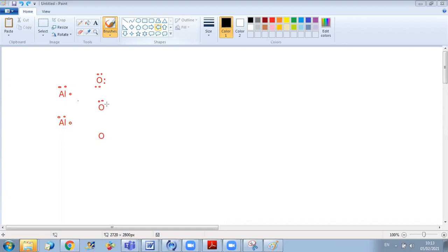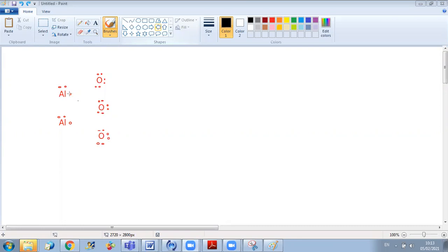Now what will happen, for example, for the oxygen that is above, it can take 2 electrons from the first Al, but the first Al will still have 1 electron, so it can give it to the middle oxygen. Now the middle oxygen still needs 1 electron, so it will take it from the second Al atom. So we can represent the electron transfer like this.